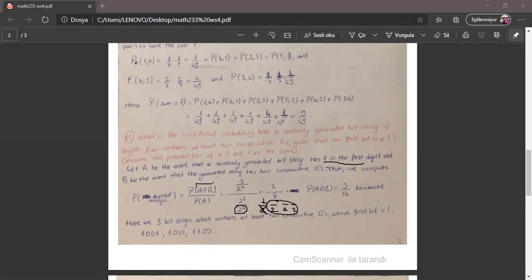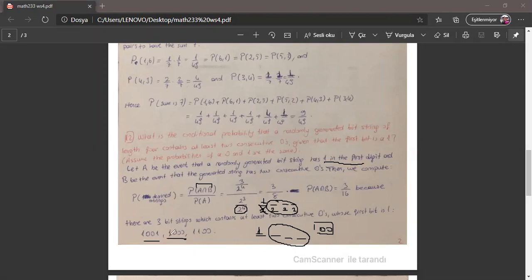What about this? Now we know A, and we want both A and B. So we want the first digit to be 1, and for the rest we want at least 2 consecutive zeros. What are the outcomes with this condition? One of them is this: here we have 2 consecutive zeros and the first digit is 1.